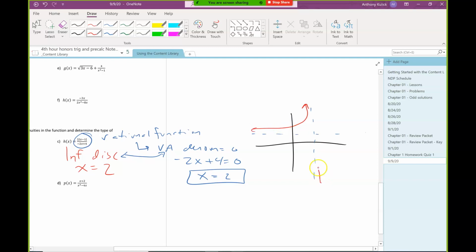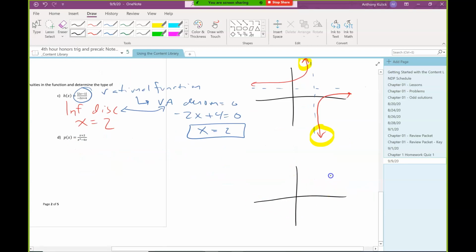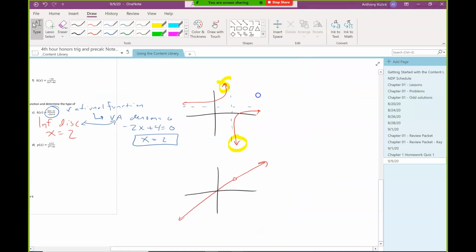is something that kind of looks like an asymptote, where at that discontinuity, the graph shoots off to either positive or negative infinity. A removable discontinuity is just like a graph where there's like a little hole in it. So something like this. So from an equation standpoint, an infinite discontinuity might look like this.